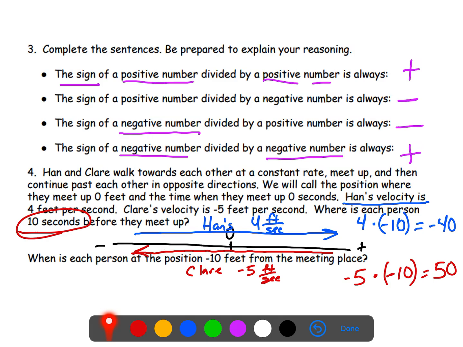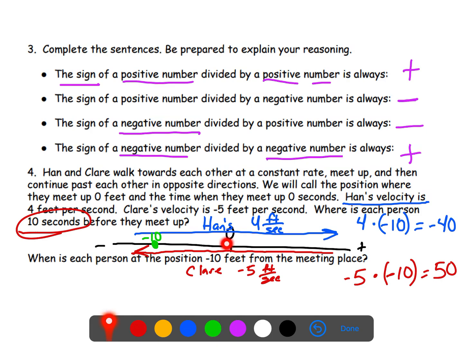So if we look at Claire, Claire is going to be traveling this way. This one might be a little bit easier to do first. She's going negative 5 feet per second. She's going in the negative direction. Let's mark our position here. So we're trying to get to this point here. We're just picking a spot, and we're going to call it negative 10. So Claire will meet Han.